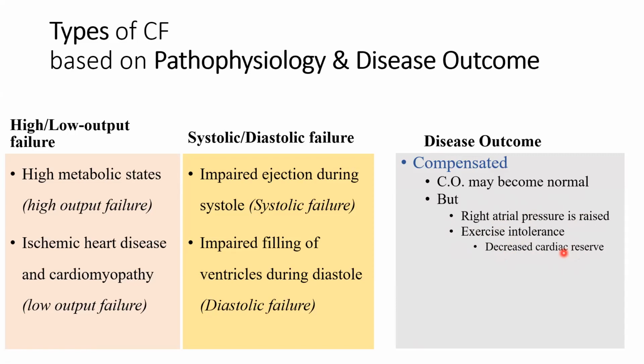But in a patient with cardiac failure, the cardiac reserve, i.e. the ability to improve cardiac output in various situations, decreases tremendously. So while a compensated heart is something you can live with, you need to be careful about your exercise, okay?